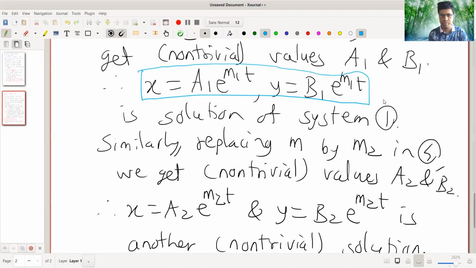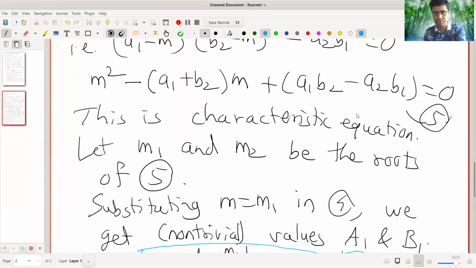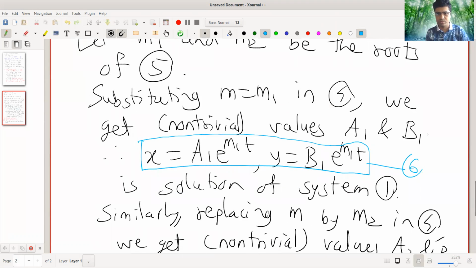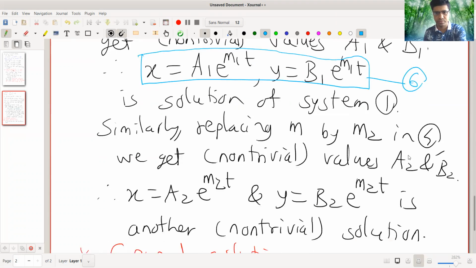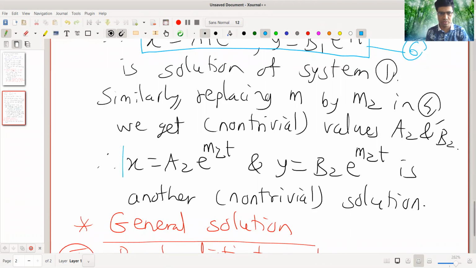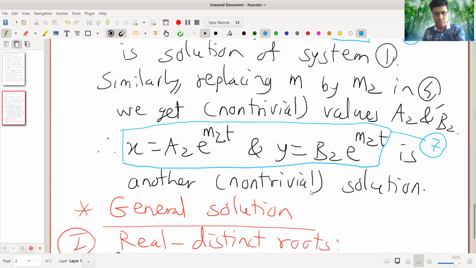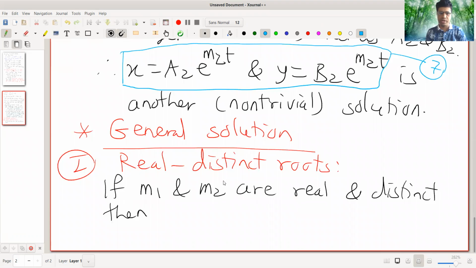So we may call this 6, and this one 7. So these two are independent solutions.